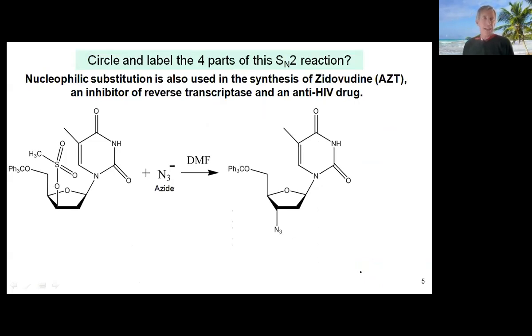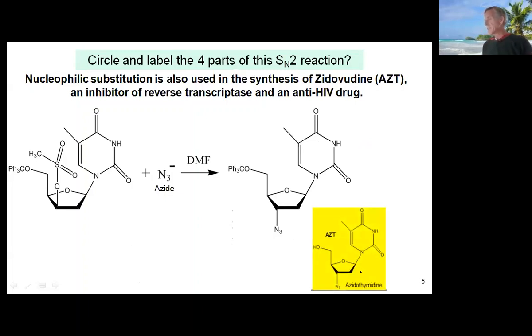So here's a question to answer just to see if you got it all straight. It's really kind of cool. This drug, AZT, has been known as an anti-HIV drug. And actually, this is the actual molecule of AZT. You can see this is a precursor on its way to the synthesis of AZT. But in this precursor, this is an SN2 reaction.